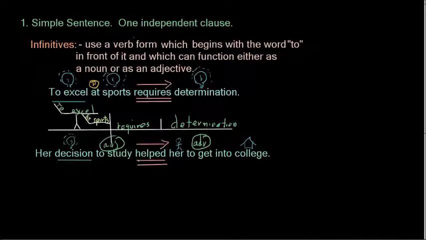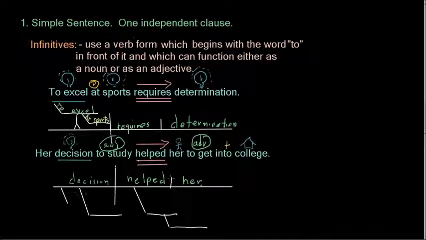Okay, then we have the preposition into. In this case, that's being used as a noun, and in this case, her, I should put this up here also, is also being used as an adjective.